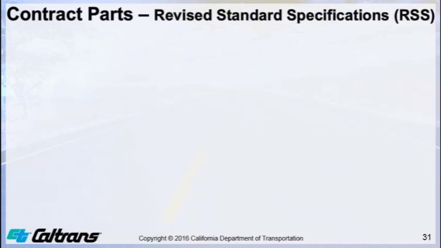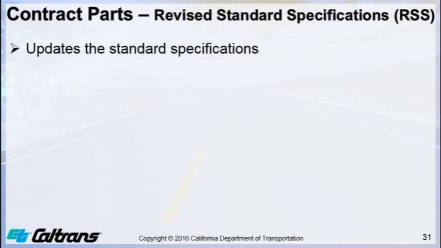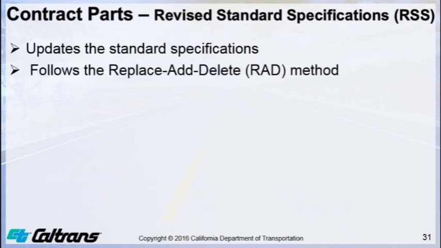Now that we know how to navigate standard specifications, let's look at revised standard specifications. The updates to the standard specifications are done by publishing revised standard specifications. The revised standard specifications use the replace, add, delete, RAD method to modify the standard specifications.